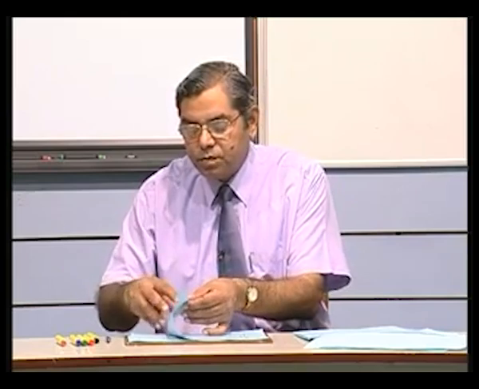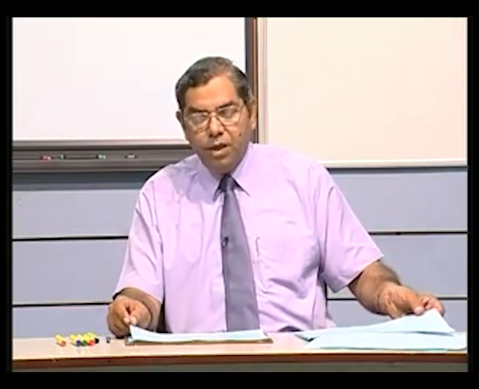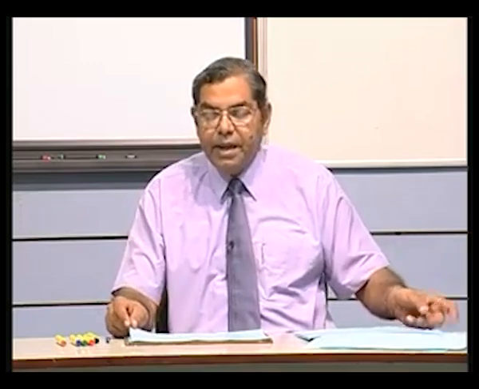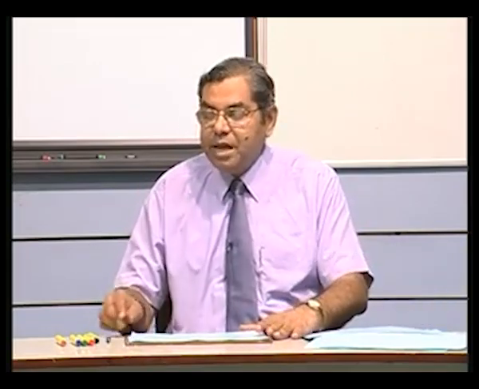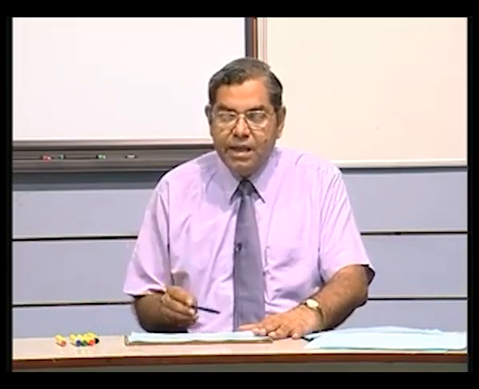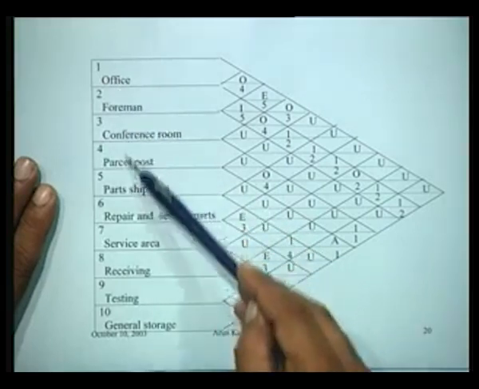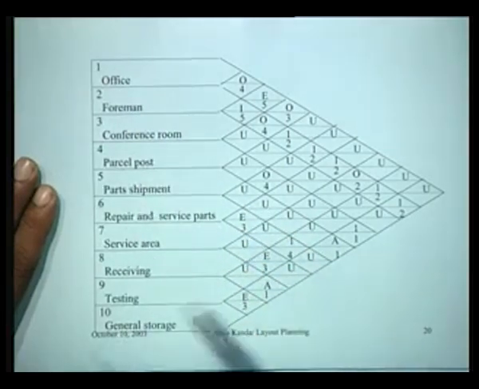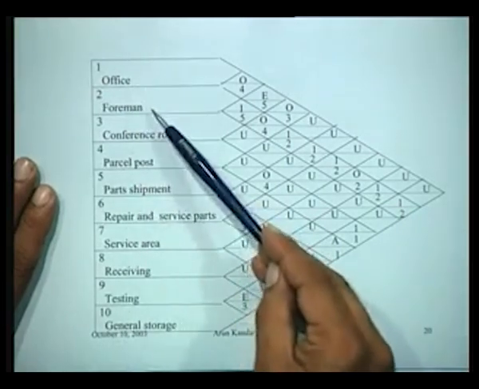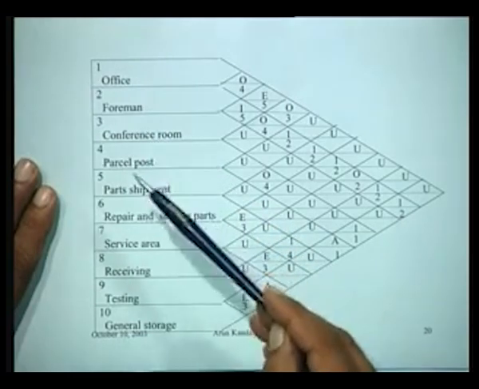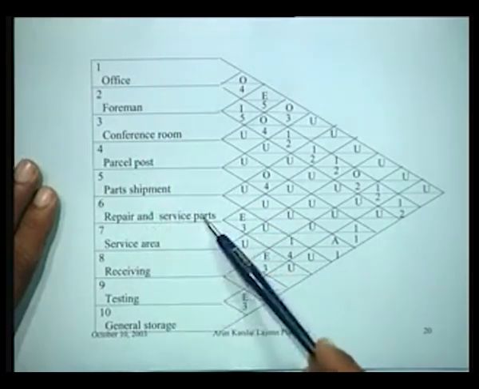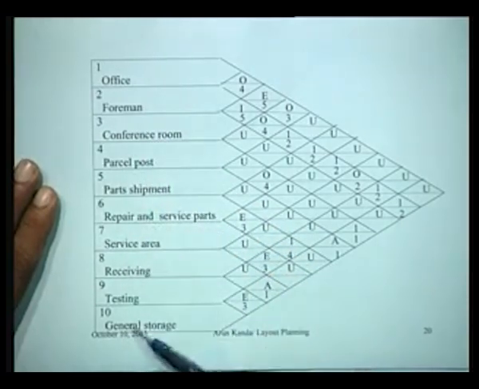Now, how we can plan a layout by following these steps is something like this. Suppose these were the departments which were to be placed in a layout: the office, the foreman's office, the conference room, the parcel post, the path shipment, repair and service area, receiving, testing and general storage, say.